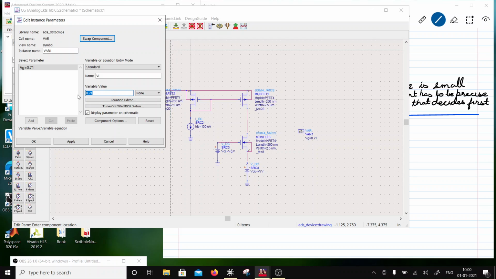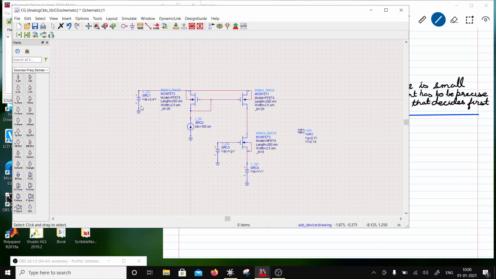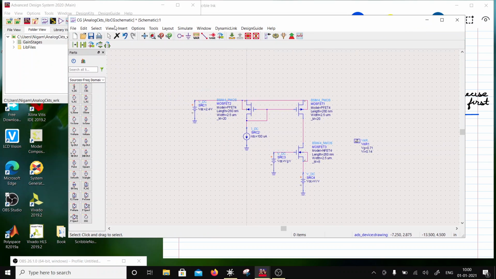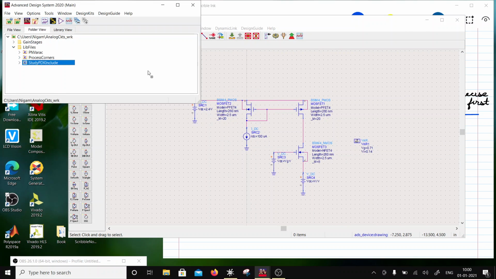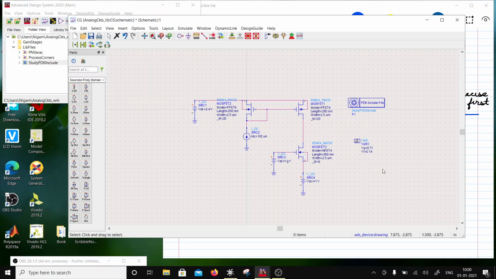So I'm going to start with 0.115. Okay, and then I am going to put here the include file, and I am also going to put here what you call sweep.